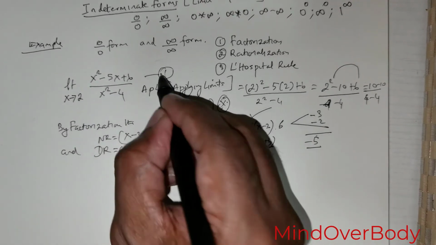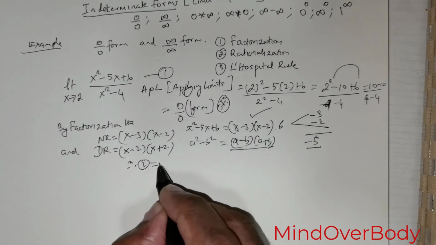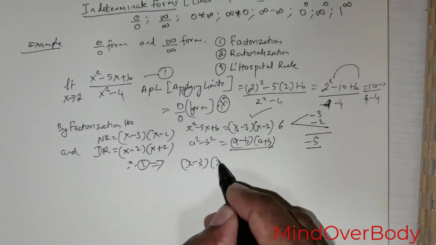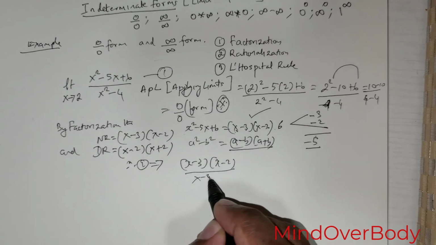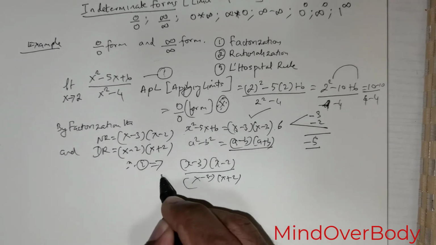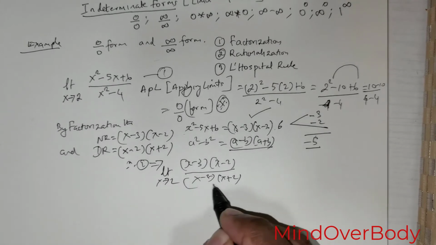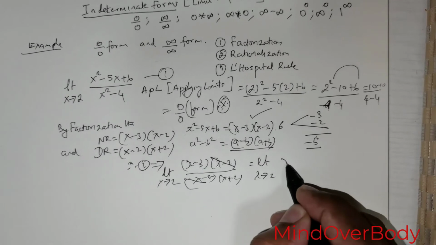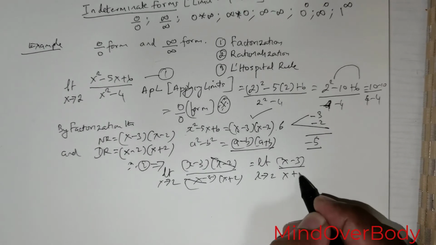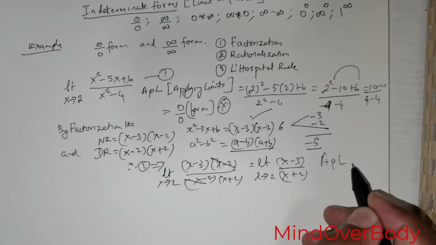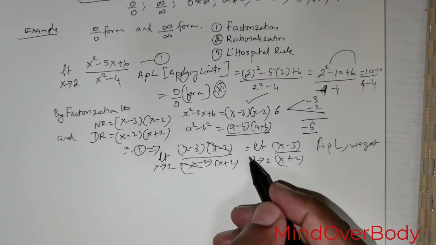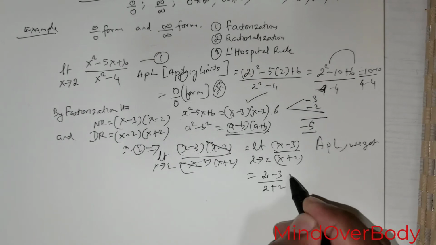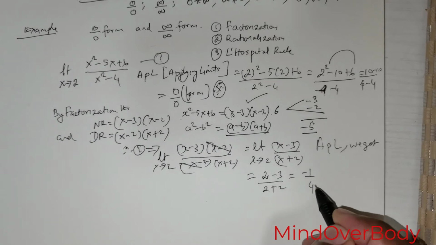So I can rewrite this as x minus 3 times x minus 2 divided by x minus 2 times x plus 2 with the limit x tending to 2. So x minus 2 cancels off, giving me the limit x tending to 2 of x minus 3 divided by x plus 2. Now applying limits, in place of x I substitute 2, and that is going to give me negative 1 divided by 4.